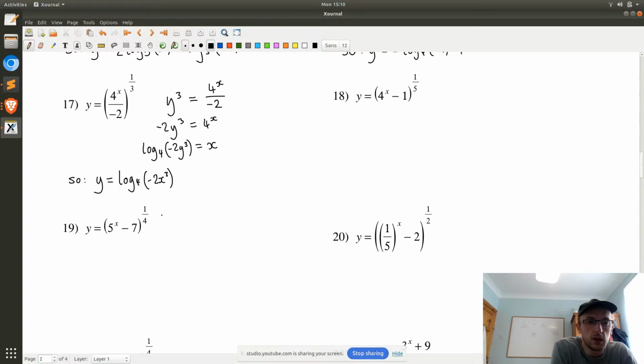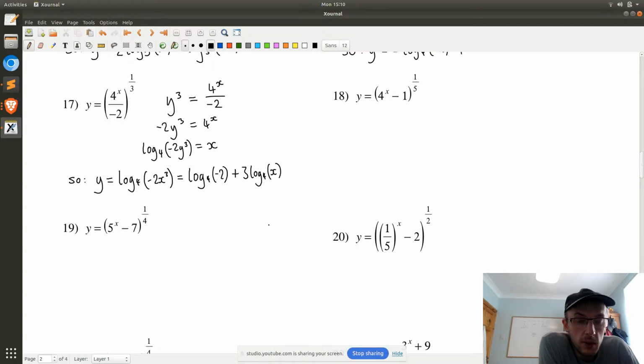which is log base... Well, you can actually split this up. Log base 4 of -2 plus 3 log base 4 of x.